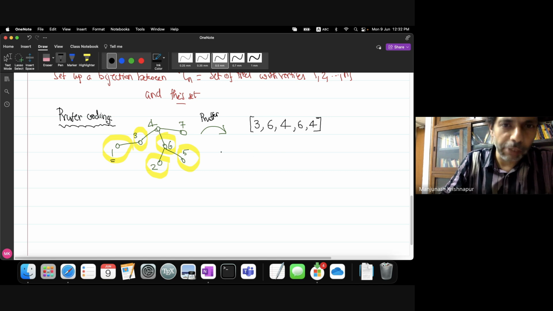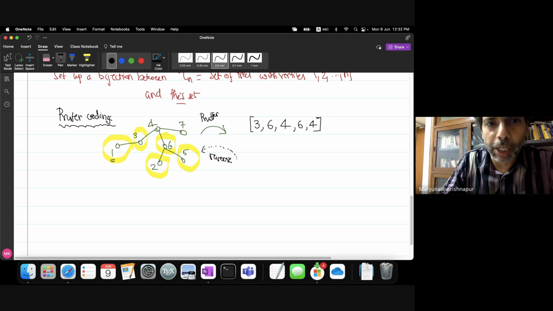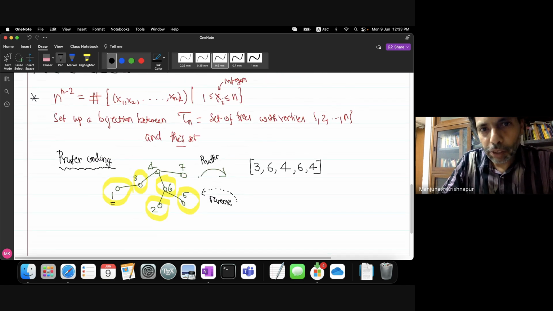In fact, you can reverse this, that is the inverse map. So this is actually a bijection. Now, if you accept that this is a bijection, then it is immediate that this is n to the n minus 2, and you get coding of the tree.